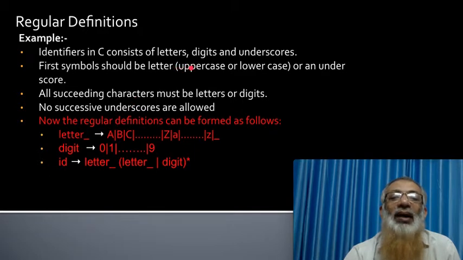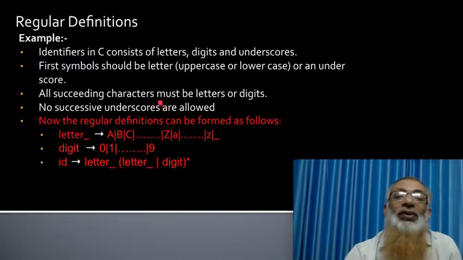It can be either uppercase or lowercase, and it can be followed by either a letter or a digit. If we want to add readability to a long identifier name, we can have underscores in between, but the rule is that no successive underscores are allowed.